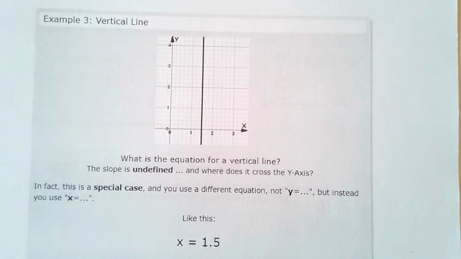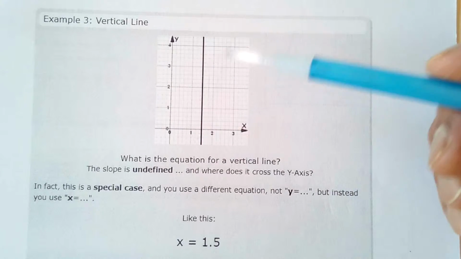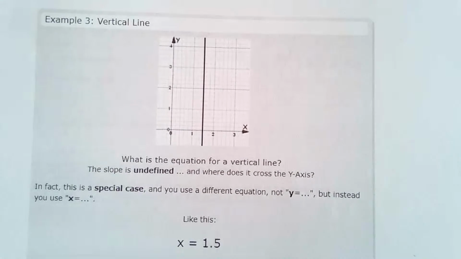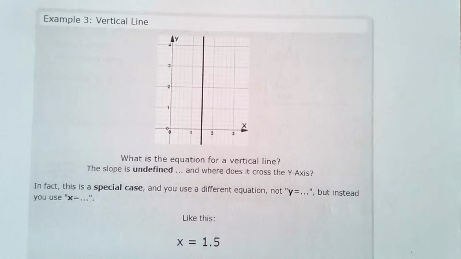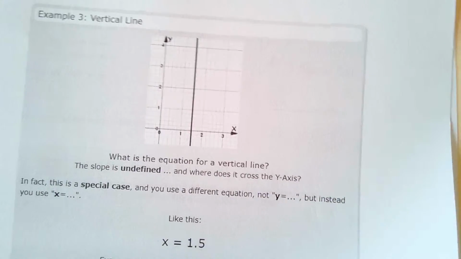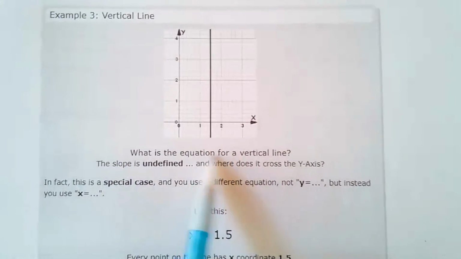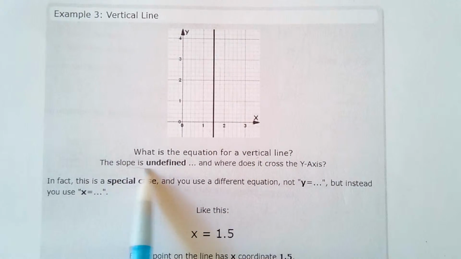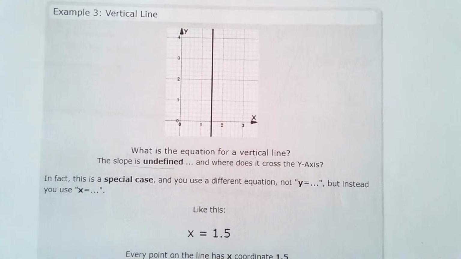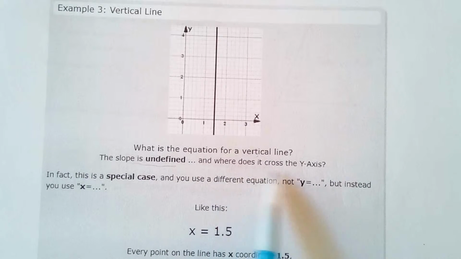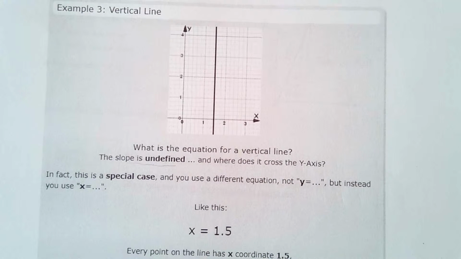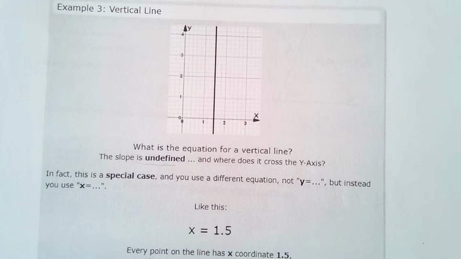You cannot determine a slope from this here. Now, if you have a horizontal line, you'll have a slope of 0. And so a vertical line, the slope is undefined. Okay? Because it doesn't cross the y-axis.